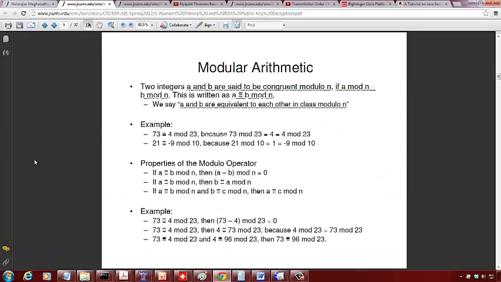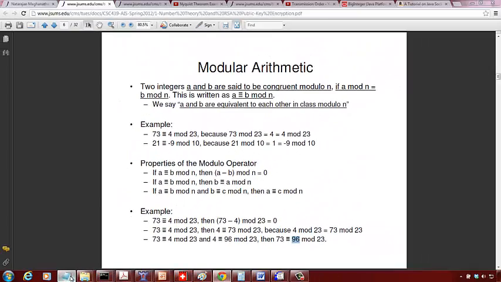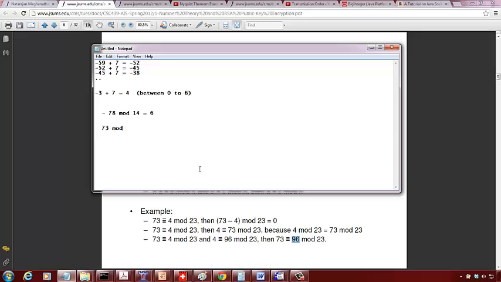Now, so we saw all these things last time. Now, as I said, things are equivalent to each other, in the sense that when you do 73 mod 23, you get the remainder to be 4. Similarly, 96 mod 23 is also a 4.